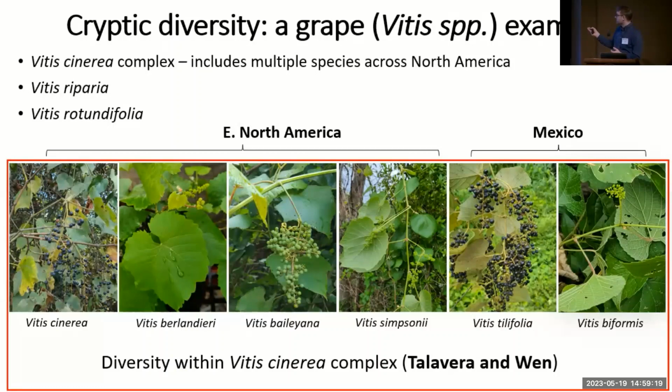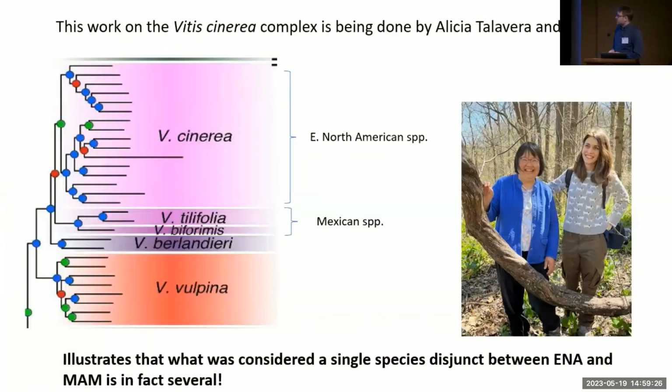So 4 species in Eastern North America and 2 in Mexico. And so I think this highlights that if we take a closer look at a lot of these disjunctions, we'll probably uncover new species, not only in Mexico, but also in our backyard here in Eastern North America. So it's important to take a closer look at these things.